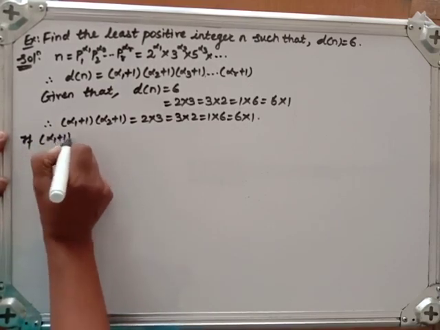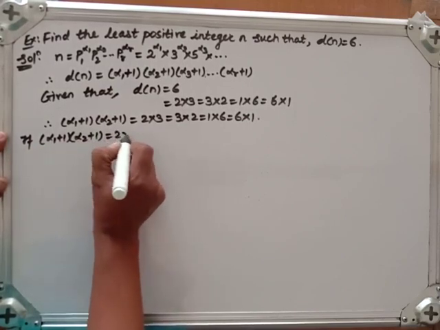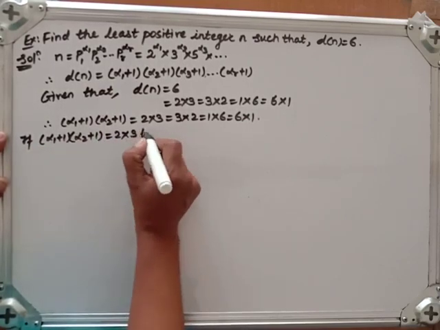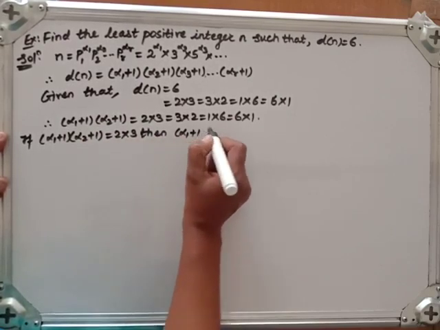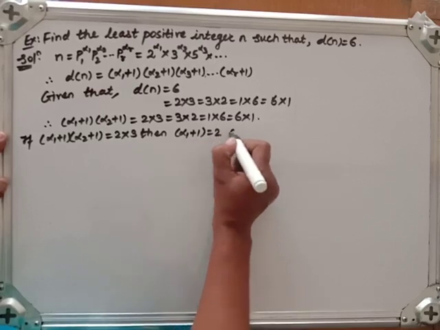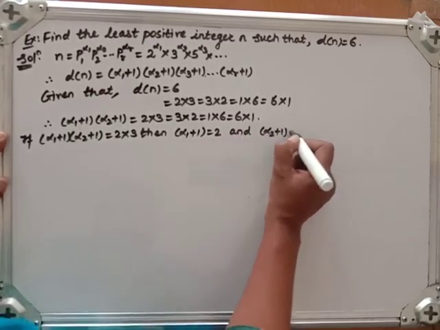Now if alpha 1 plus 1 into alpha 2 plus 1 is equal to 2 into 3, then alpha 1 plus 1 is equal to 2 and alpha 2 plus 1 is equal to 3.